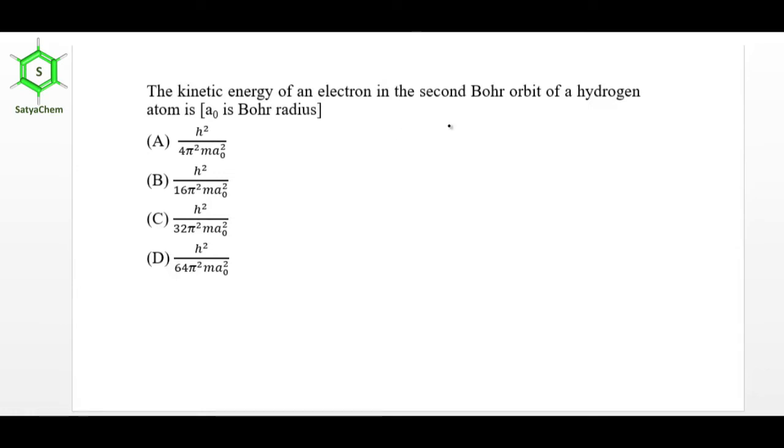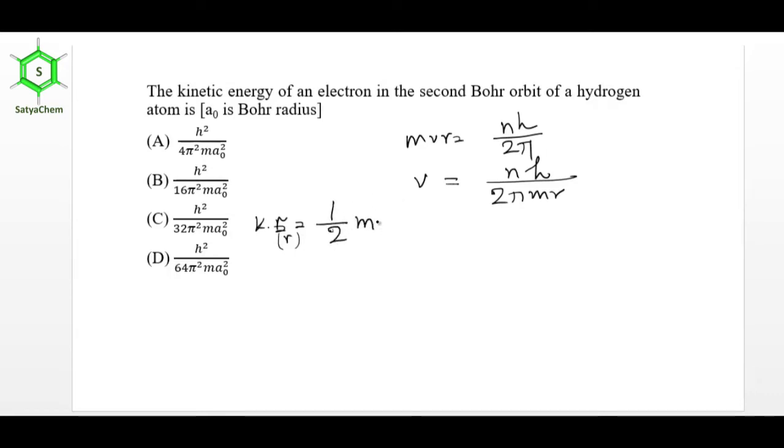According to Bohr's postulate, mvr equal to nh by 2 pi, and v equal to nh by 2 pi mr. The kinetic energy of the second Bohr orbit is half mv square.